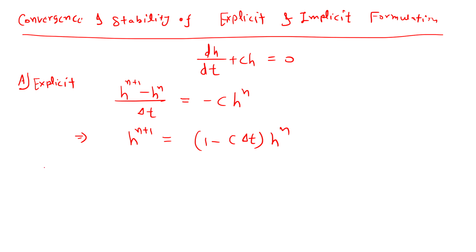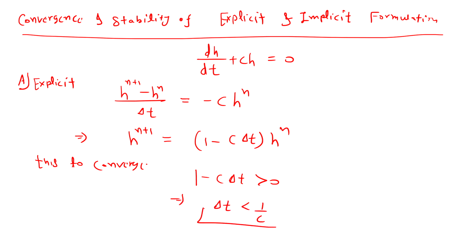So for this equation to converge, we should have 1 minus c delta t greater than 0. That means delta t should be less than 1 by c. So if delta t of this discretized equation is less than 1 upon c, then only this explicit formulation will converge.